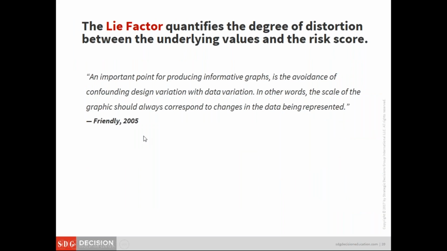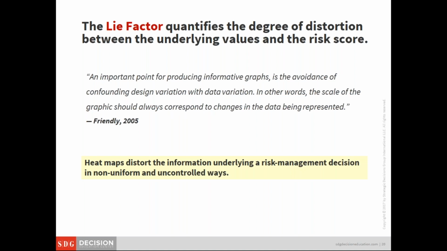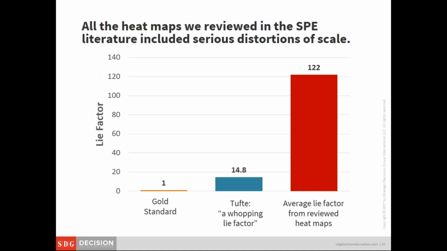And so there's a view in how to present information to people: when you're showing people information, you should avoid confounding design variation with data variation. Your design of your display shouldn't grossly distort what you're trying to show people. And heat maps really do this in non-uniform and uncontrolled ways.